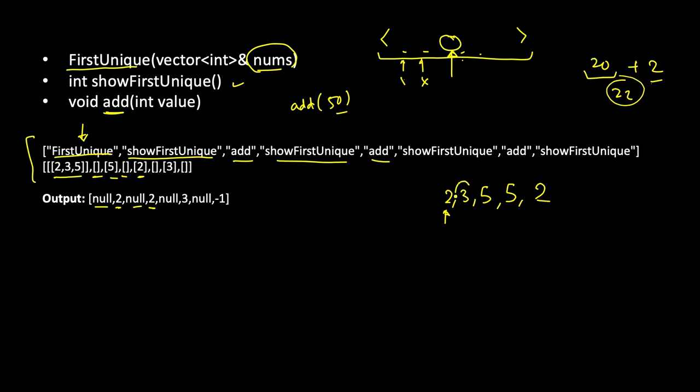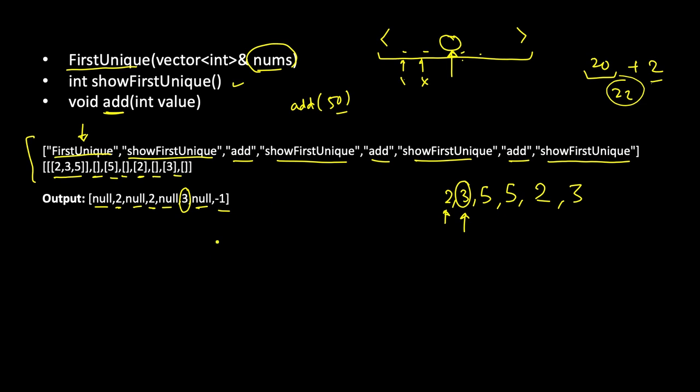Now the only unique is 3. So when we call showFirstUnique, we return 3. Then we call add 3. Now we have added 3 also, so none of the numbers are now unique. And finally we call showFirstUnique. If no number is unique, then you return -1. Otherwise you return that number.